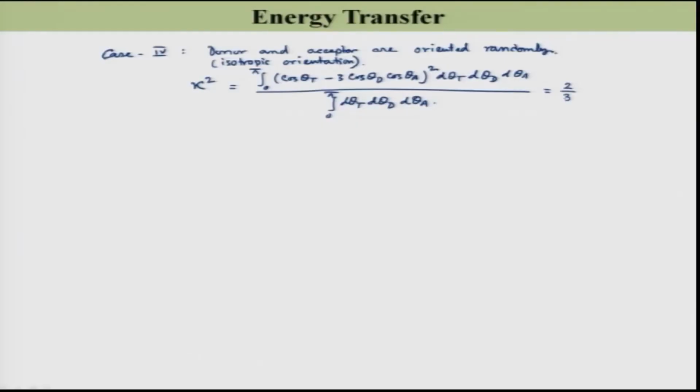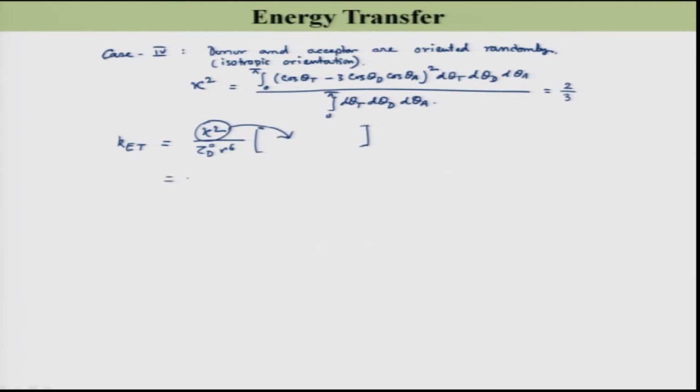Now, you remember our original equation, this k ET, I had written this as kappa square by tau D r to the power 6, then I said this is a constant. So, this should be tau D0. Now, if I consider this random orientation of the donor and acceptor, then this quantity will also come inside this constant.